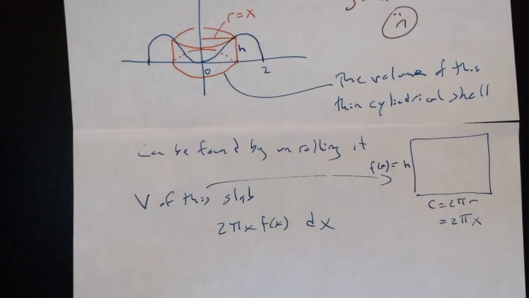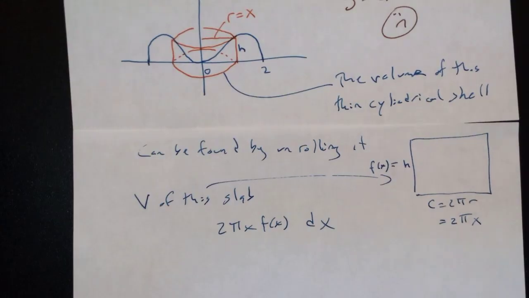The circumference from my circle, the height from my f of x, and the thickness from my dx. It should be sticking out of the page at me.